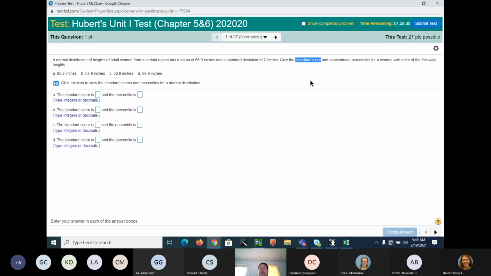Z-score. So mark through that standard score in your head and put Z-score. So you're going to use X minus X bar over standard deviation. And that's what they want you to do, 4 Z-scores right there. So that's quick calculations, one formula, X minus X bar over the standard deviation.